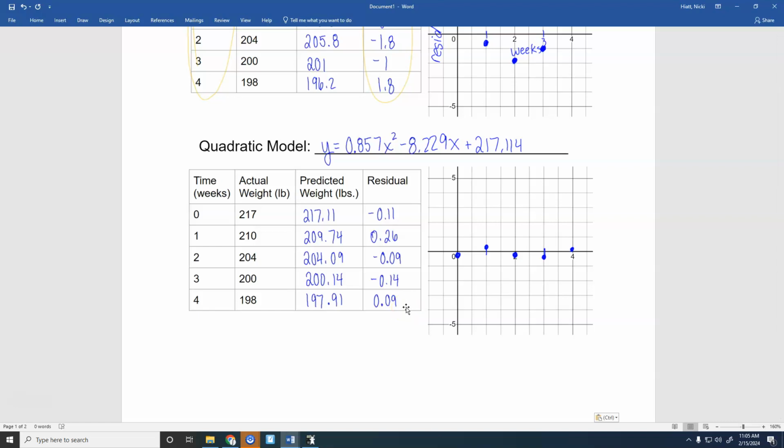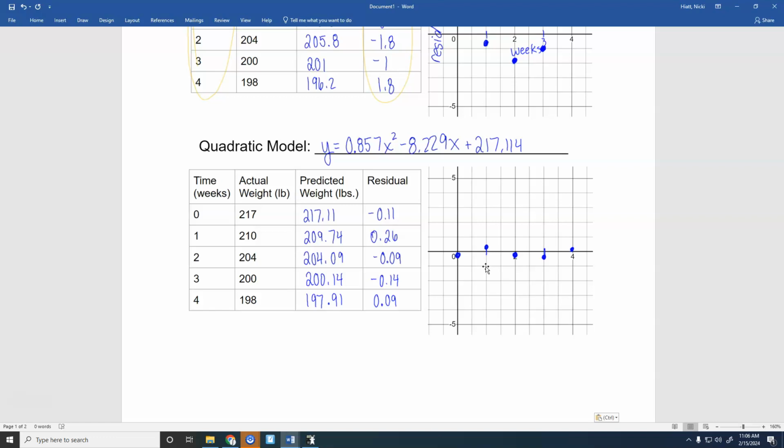Okay. So it's a little hard to graph because everything's really close to that x-axis. So everything looks like it's almost on the x-axis. Now, when I see that happening on a residual plot, does that mean my model is good or bad? That's good, right? Because if I have small residuals, that means my line was not off from the actual values very much.